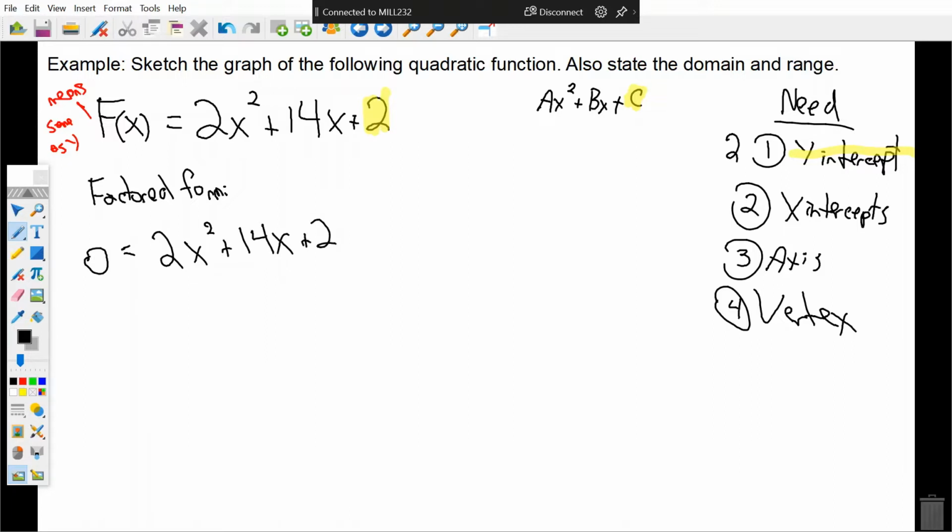To find the x-intercepts, we make y equal to 0. To factor this, the first thing I notice is that we could divide all of these numbers by 2. So we're going to pull a 2 out of each of them, which will give us 2x squared plus 7x plus 1.